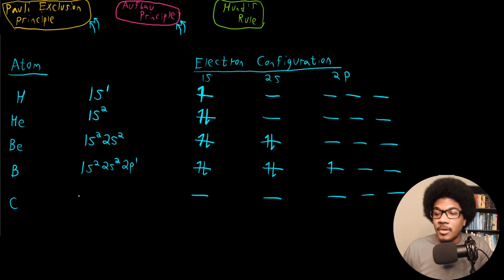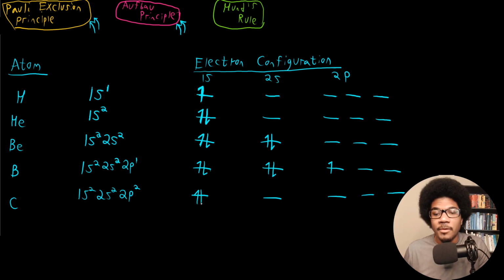Now for carbon, very similar, right? Build up 1s2, 2s2, and then we'll place the other 2 in the 2p, right? It has a total of 6 electrons. So we've placed those 6 electrons in the lowest energy orbitals possible. Now, this is where Hund's rule comes into play, right?